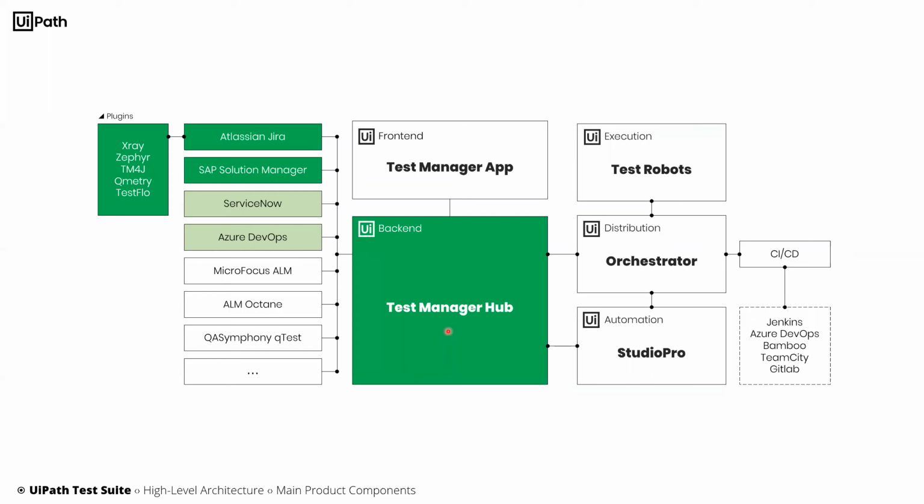Why do you want to do that? Basically, if you just use Studio to create automation for the purpose of testing, and execute those tests via Orchestrator, there is an important part missing in that whole story. If you execute a test and you get a result for the test, how do you manage to understand what this means to your backlog?